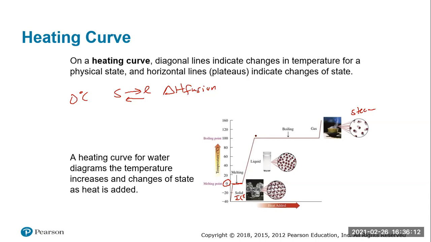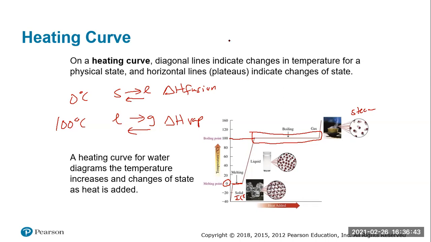If we go over here at 100 degrees Celsius, that is a flat plateaued line, which means the temperature is not changing because it's flat. So if we look on the temperature scale on the left, it's just flat across. Temperature remains 100 degrees all the way across there. And that is where we go from liquid to gas or gas back to liquid, and that is where we use our delta H of vaporization to do that transition.